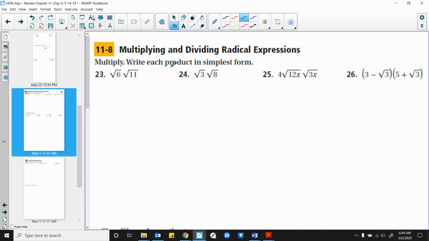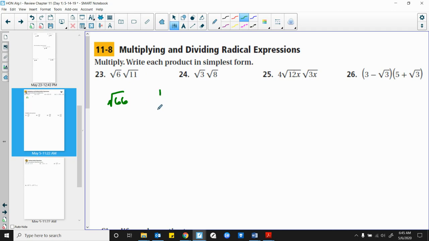Okay? All right, so here we're multiplying. And we're just multiplying 2 square roots, so we're just going to take the 6 times the 11. In this case here, that's going to equal radical 66. And we always have to check to see if we can simplify. So we have to see, are there any square roots that divide clean out of 66?